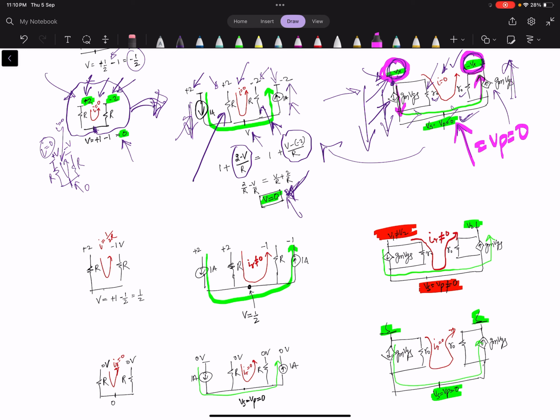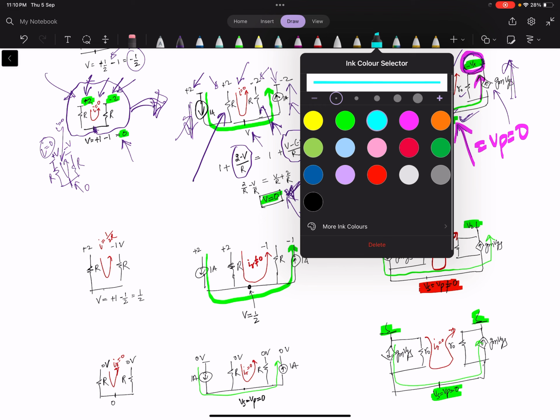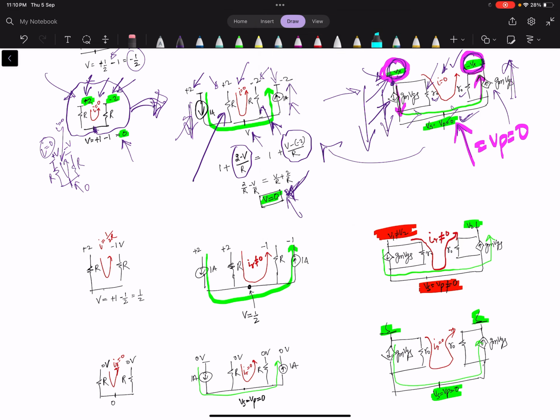Now if you see another case, let's say here, this is +2, this is -1. So you have some potential here, half voltage.